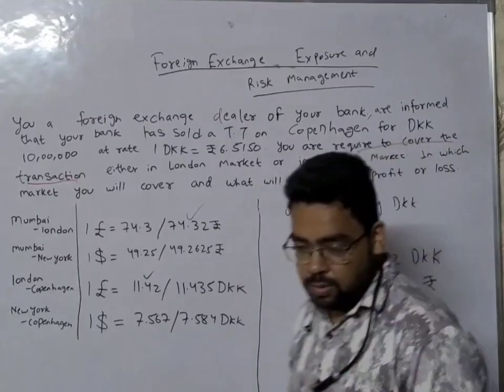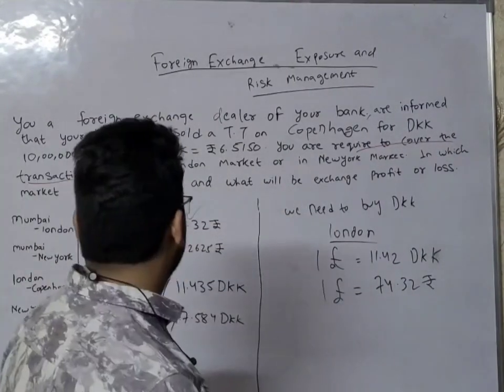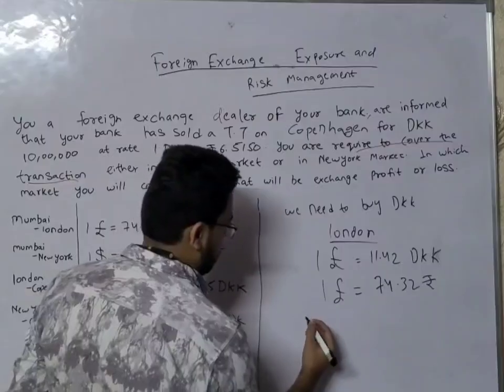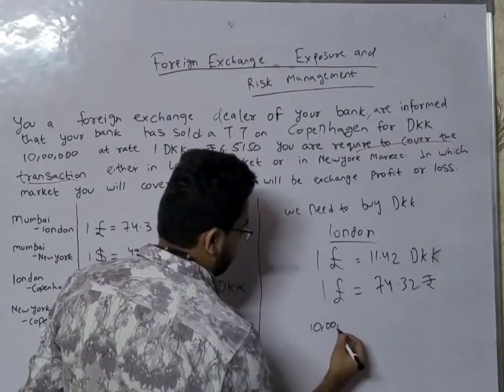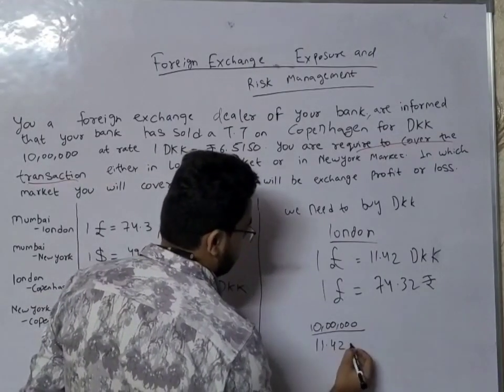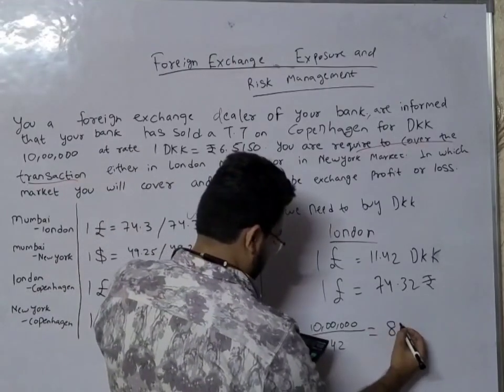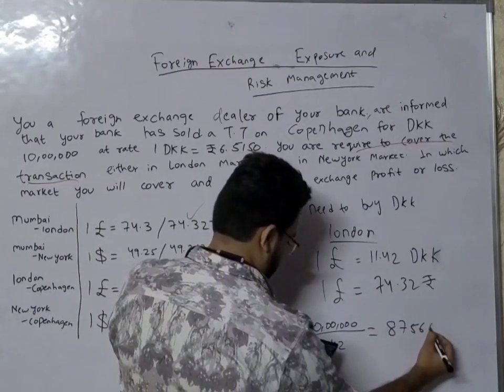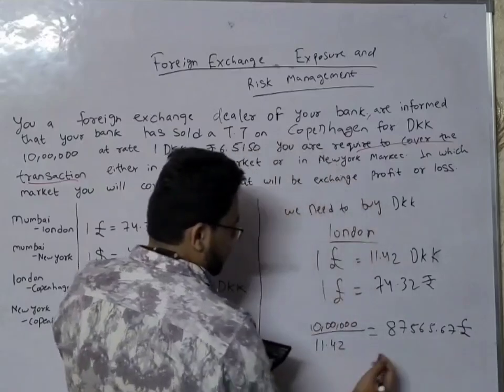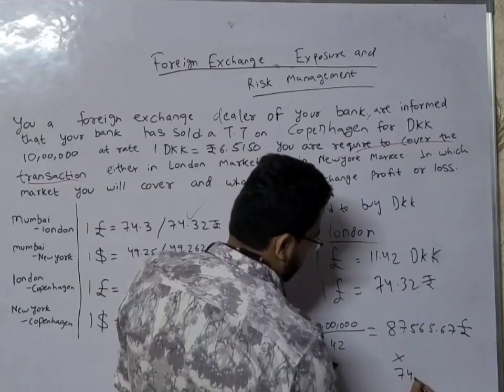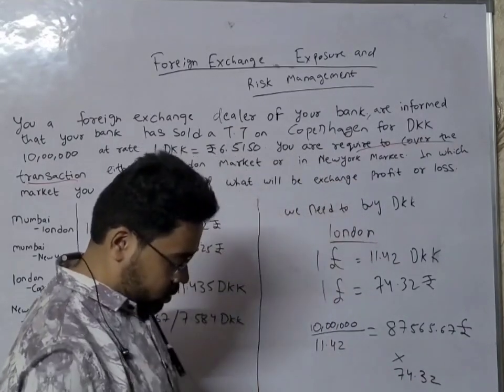Now let's solve this. This will be the pound which we sold. Now the pound we will buy at 74.32 rupees.